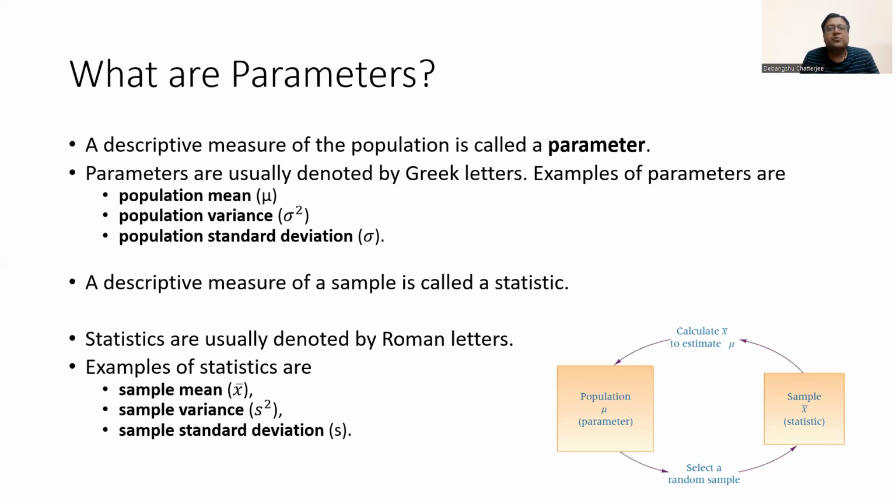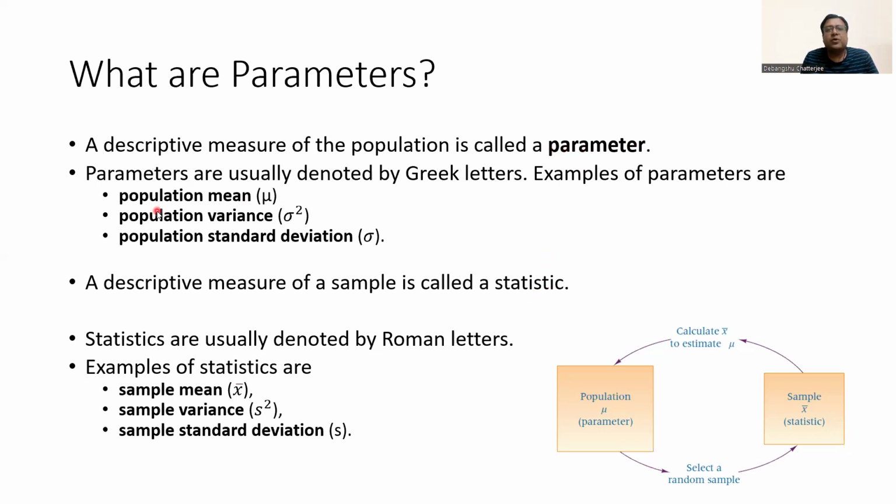So just to start with, these are the introductory things we should know. A descriptive measure of a sample is called a statistic. So you can find this difference, what is a parameter and what is a statistic.